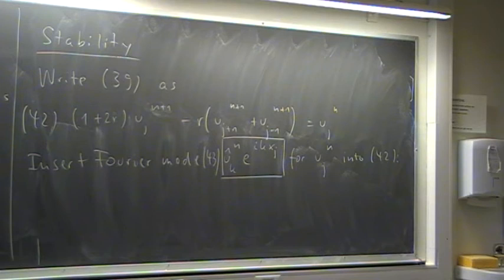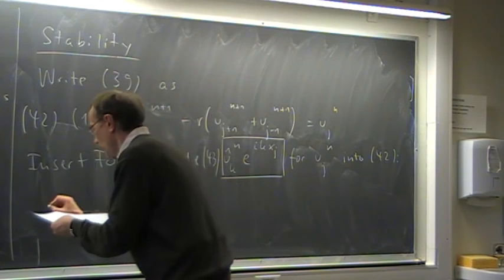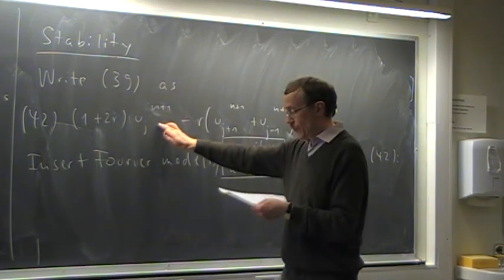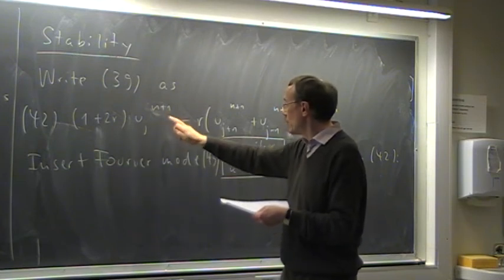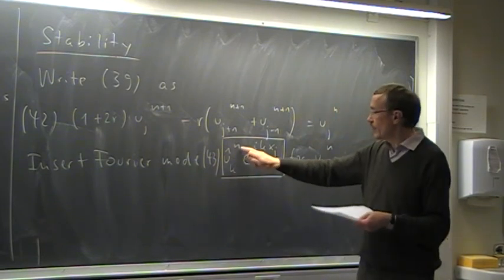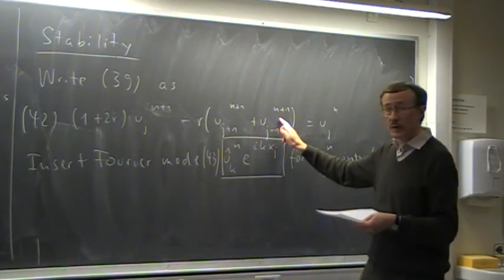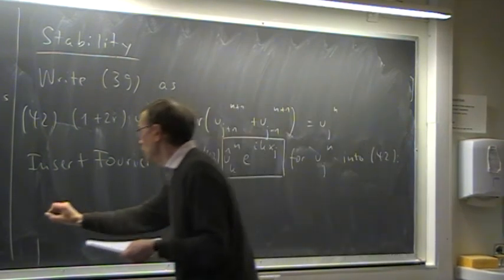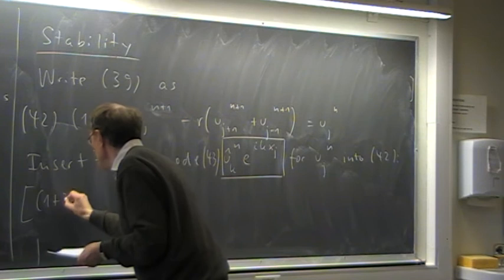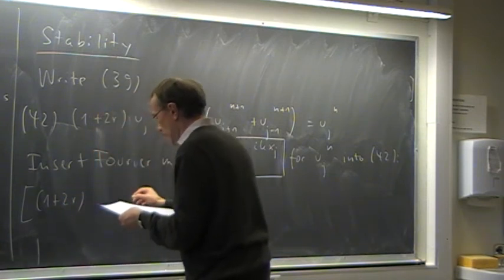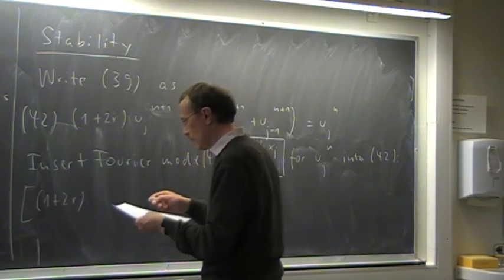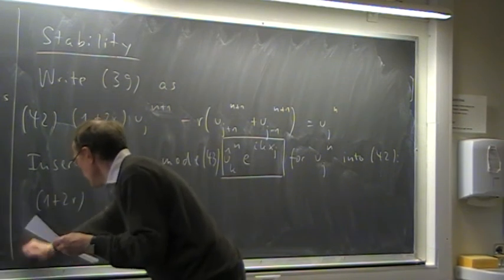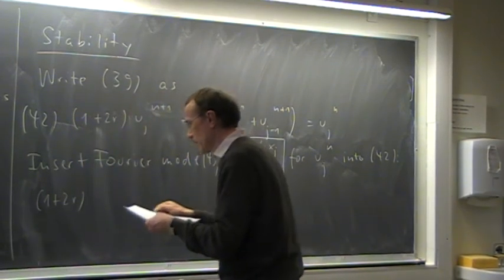So then we do that. What do we get? First, we observe that everywhere here, for the n plus 1, we will get the Fourier mode at the new time level. Here, here, and here. So we can factorize that. Then we get 1 plus 2r. And then we can write it everything equally. Let's see. I make the steps, I do the factorization later.